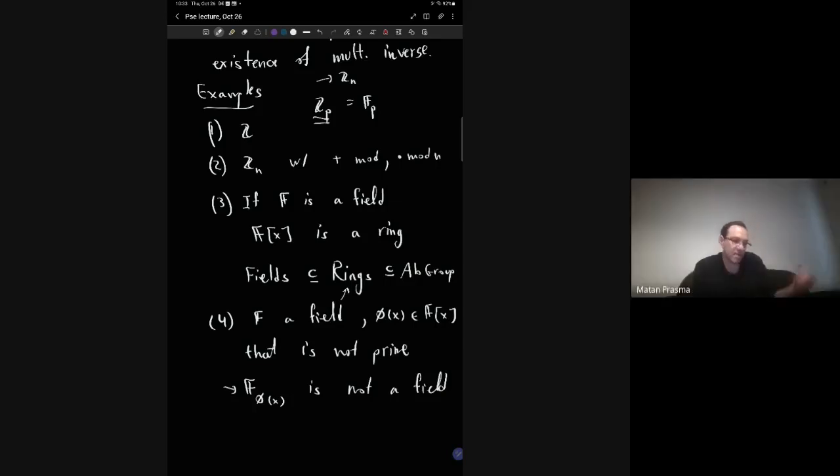Yes, it doesn't matter even that it would be a product of a prime polynomial. The fact is, if it's not prime, then it is a product of two polynomials with non-trivial degree, right?